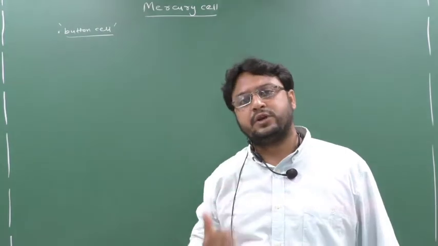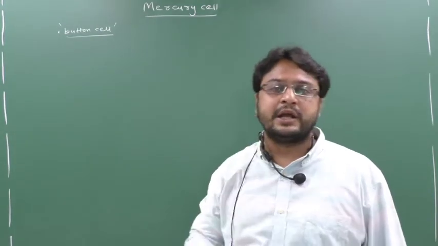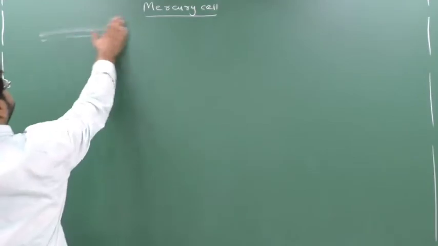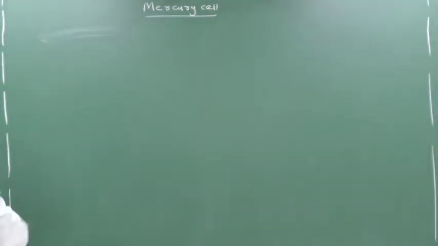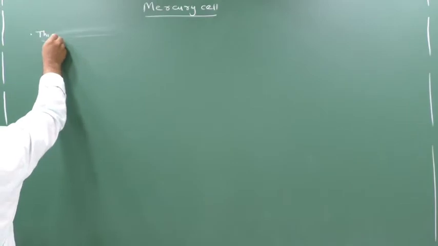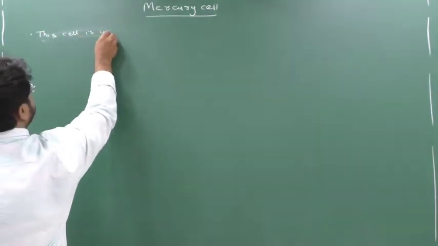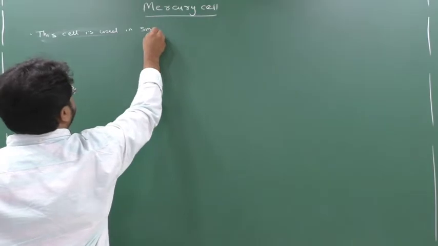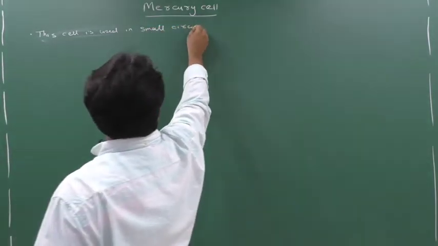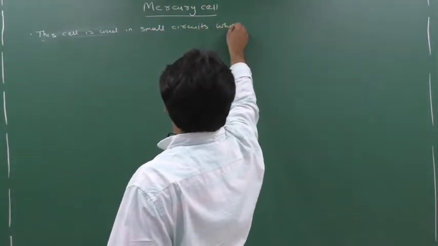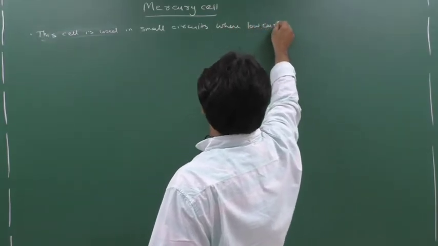Just understand which is the anode, which is the cathode, and the anodic and cathodic reactions, clear? This mercury cell is used in small circuits where low current and low voltage is required, clear?